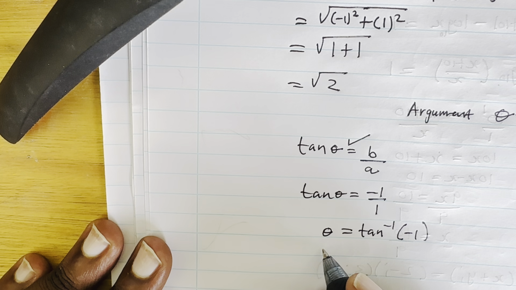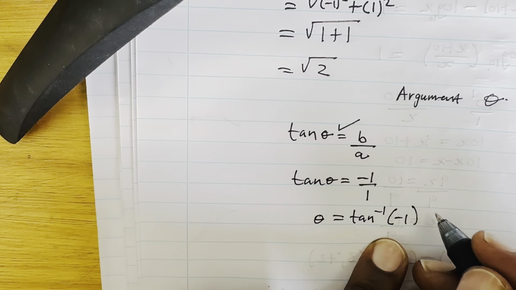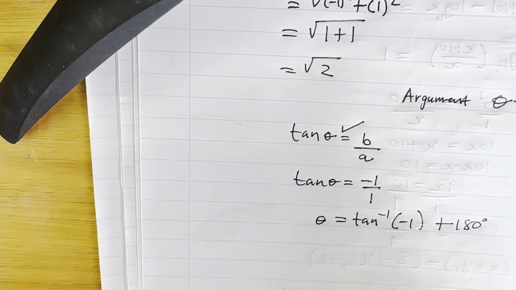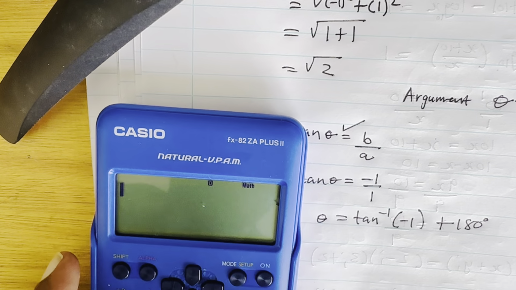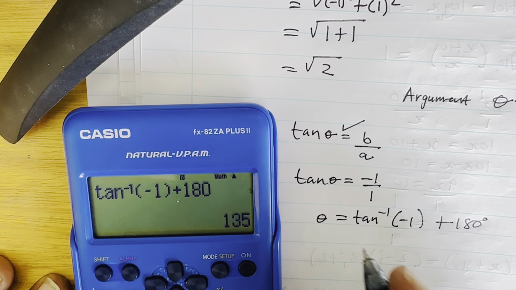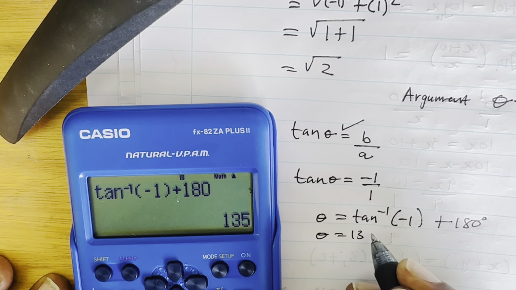Normally, when we have something of this nature and the tan ratio is negative, we just add 180 degrees so that we can get a positive answer there. So this is what we are going to do. Second function, tan inverse of negative 1 plus 180 degrees, and you're going to have theta equal to 135 degrees.